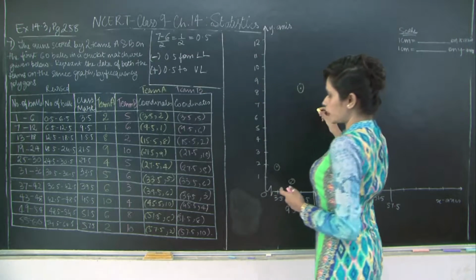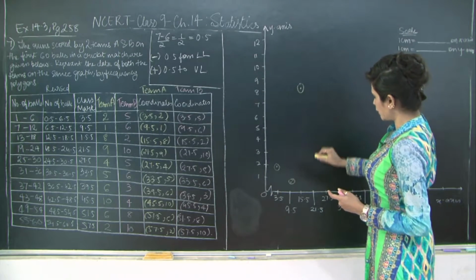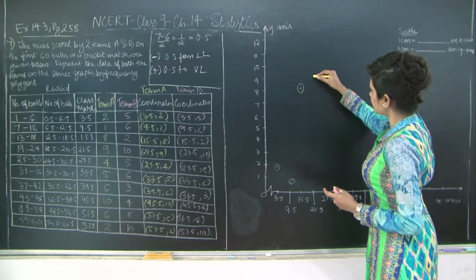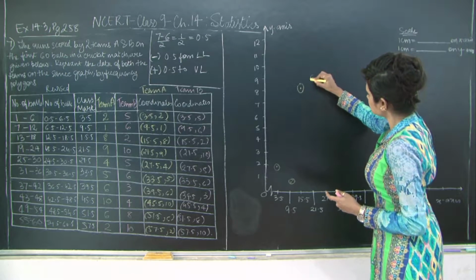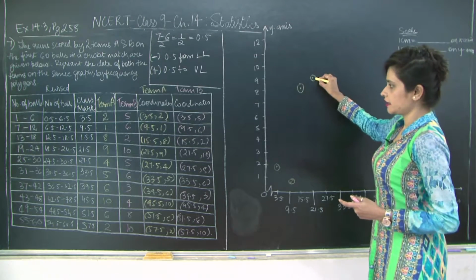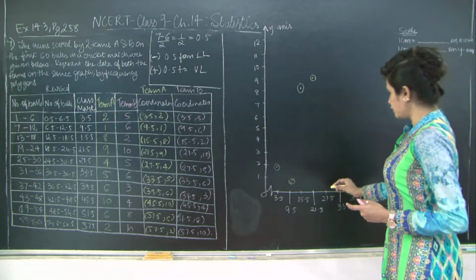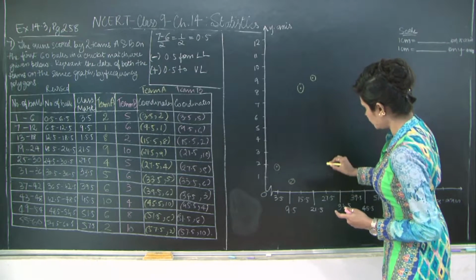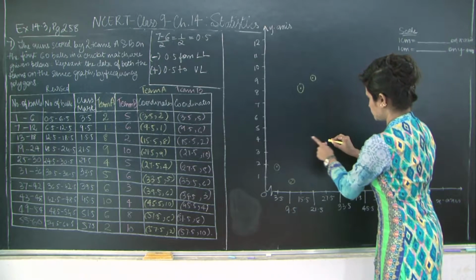Then there is 21.5 and 9. Then 27.5 and 4.